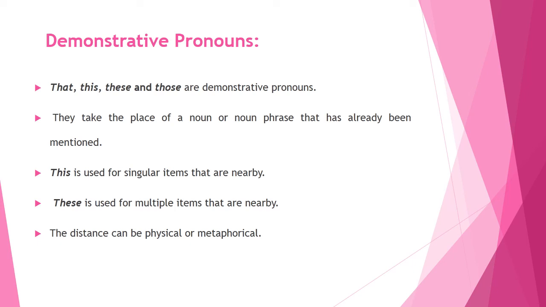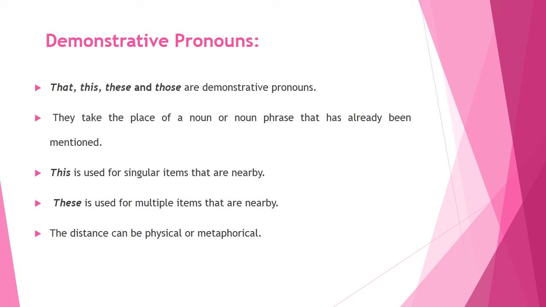The next type of pronoun is called demonstrative pronouns. That, this, these, and those are demonstrative pronouns. They take the place of a noun or noun phrase that has already been mentioned. This is used for singular items that are nearby, and these is used for multiple items that are nearby.